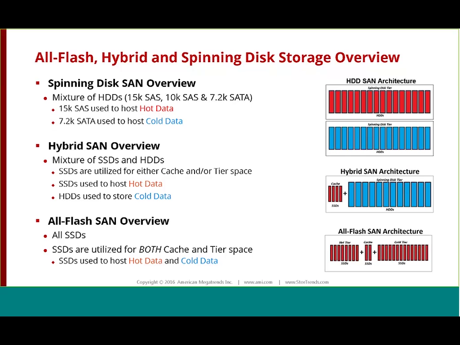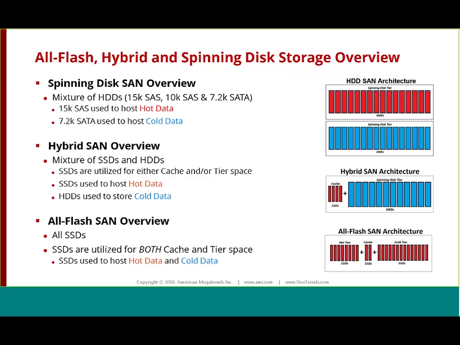The most common architecture that we see is a spinning disk architecture with 15K SAS or 10K SAS on the top, and then 7.2K SATAs or 7.2K NL SASs sitting on the bottom. It gives the auto-tiering effect. Back in 2007, auto-tiering became a very relevant piece for small to medium businesses and enterprises, where data that was hot at one point in time had become cold, stale data, and it would get migrated automatically down into the lower level HDDs off of the more expensive SAS drives.